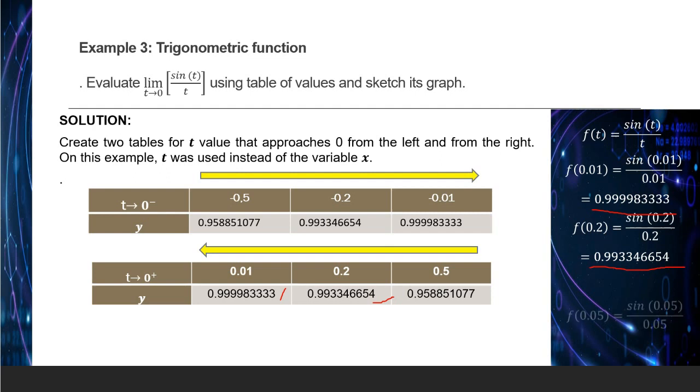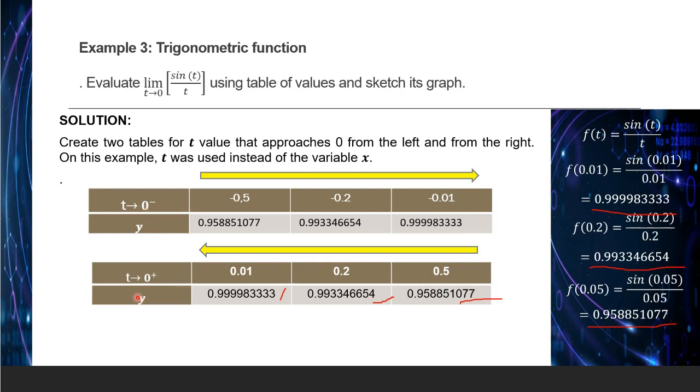And the last one is f of 0.5, which is equal to sine 0.5 over 0.5. So the answer is 0.958851077. This one.